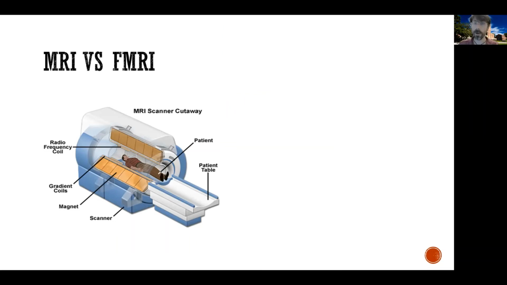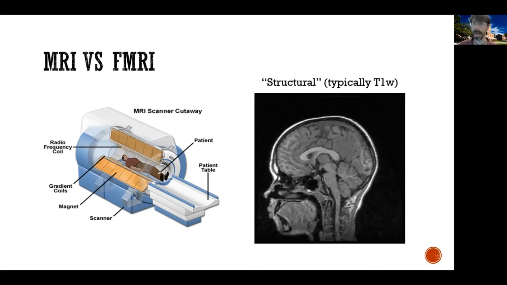As I was saying, when we do an fMRI experiment, typically we take two types of images. On the one hand, we take what is known as a structural image, typically using a T1 weighted image, which is what you see here, which is one picture that shows in high resolution somebody's brain tissues.